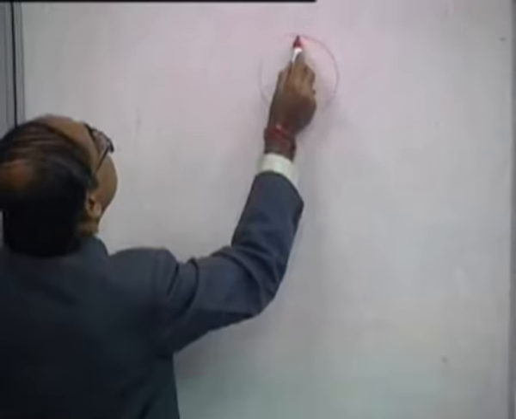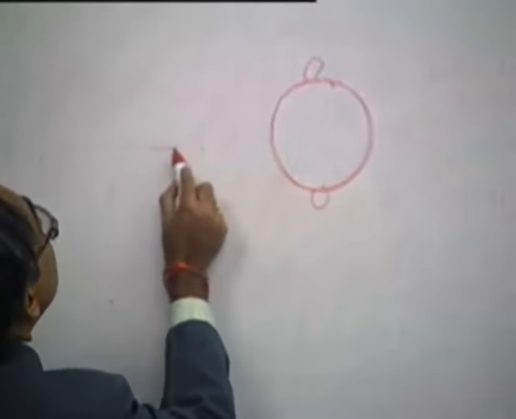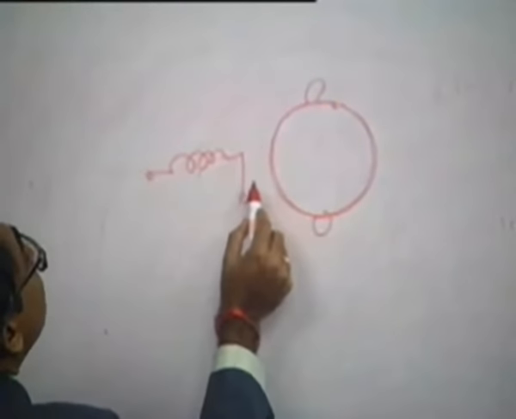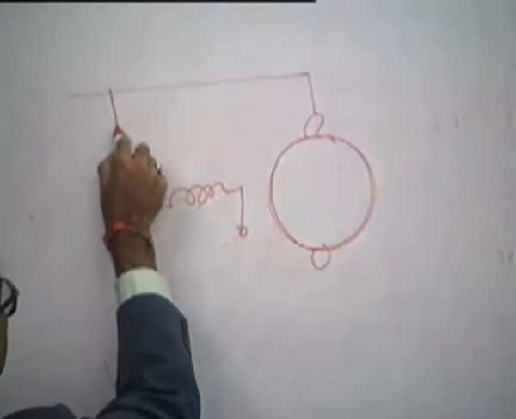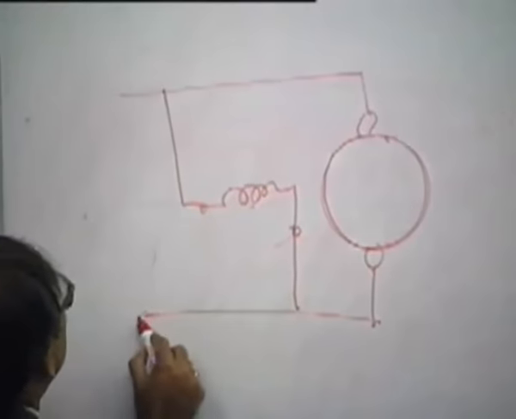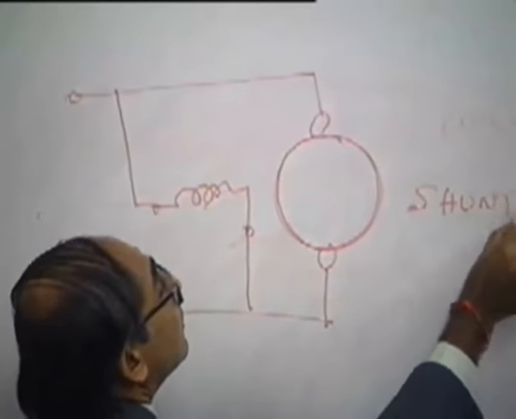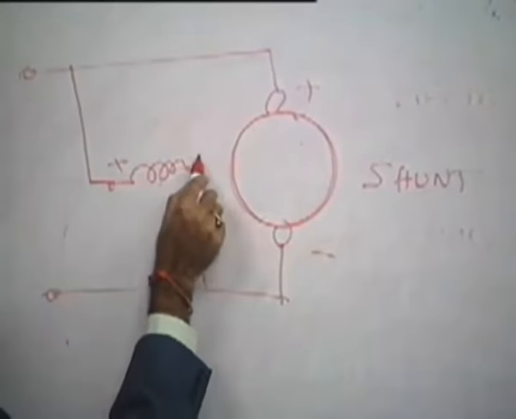So if we indicate like this, if this is the armature and this is the field. Now in the case of shunt, you connect like this. This is shunt, where this is the armature plus minus, this is the field plus minus.